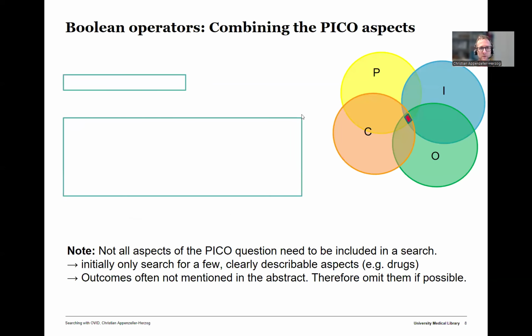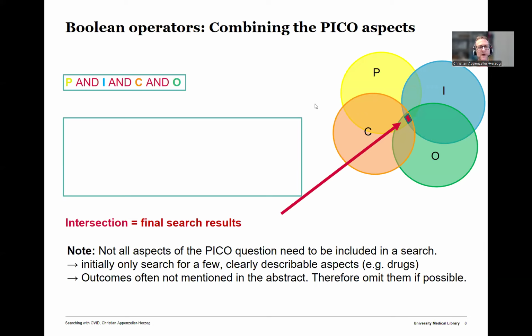Okay, so combining the Boolean operators with the PICO aspects means that we will, in the end, look for this little red square literature where all of the PICO aspects that we use are contained. So that means we would search for P AND I AND C AND O. Now, in our case, the orange C has not been populated, you remember. So as P, we have dementia. As I, we have animal-assisted therapy.